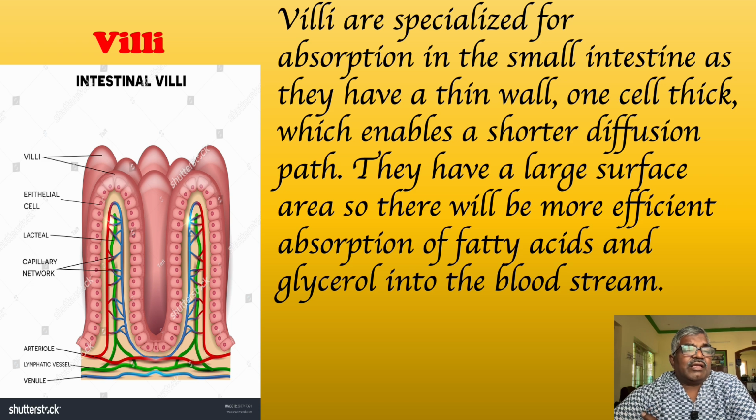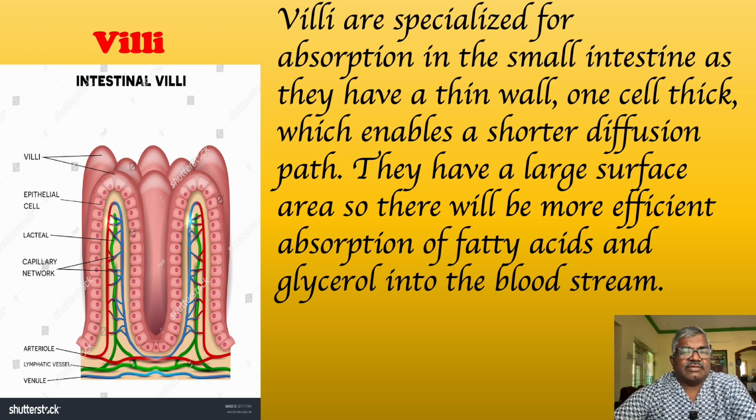It is known as villi. The villi are finger-like extensions, specialized for absorption. They are present in the small intestine, and are very thin-walled structures. These finger-like projections present inside the small intestine increase the surface area for absorption.